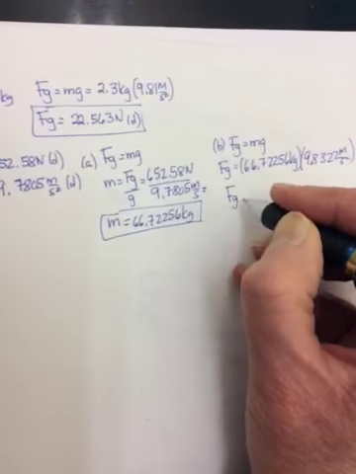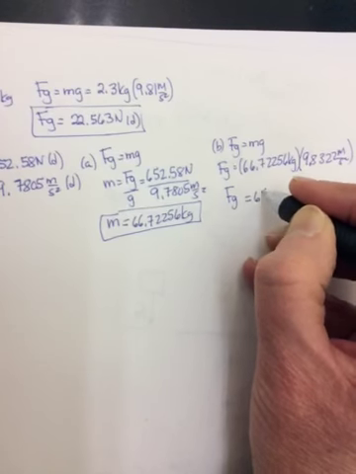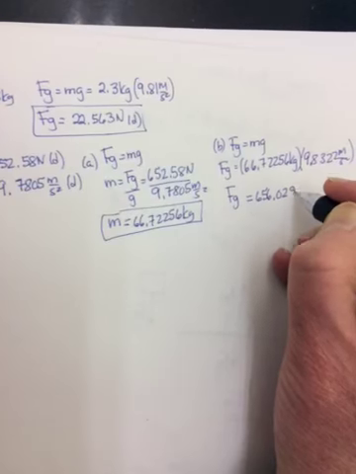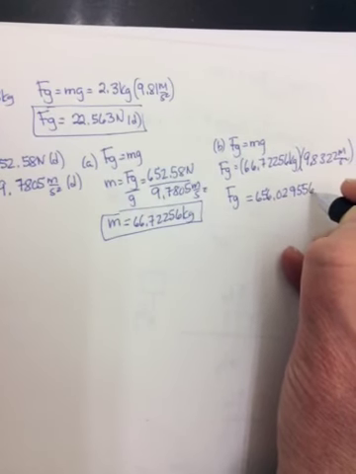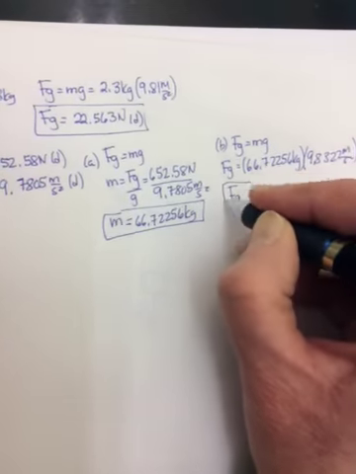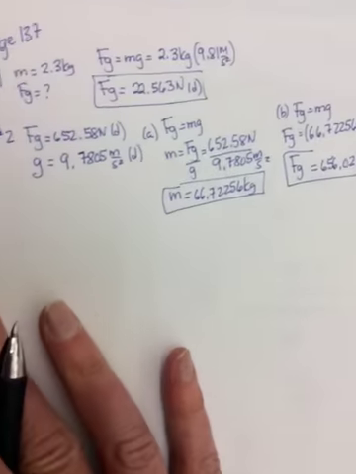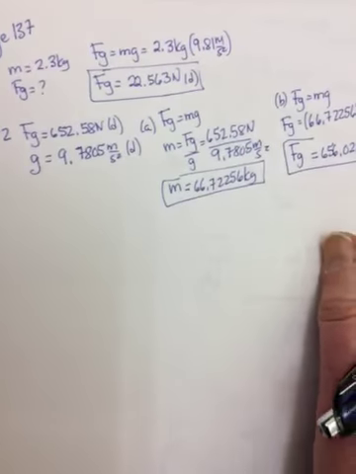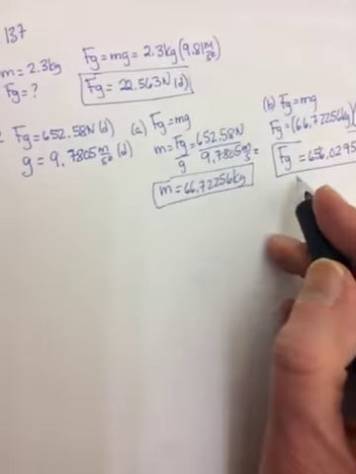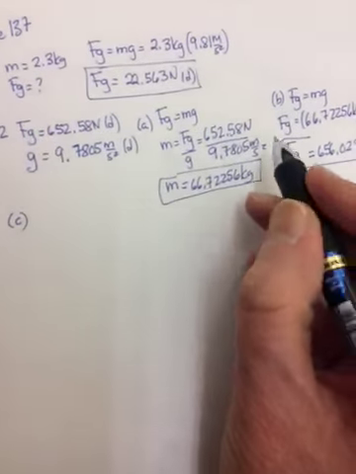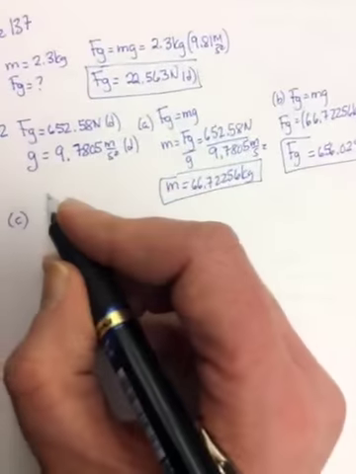And when you do this, you get an Fg of 656.0295556 newtons. Okay, so a bit more than what you were at the equator, and that's because, remember, the Earth is bulging at the equator and flattened at the poles, so the poles are actually closer to the center of the Earth, which is why little g is bigger.